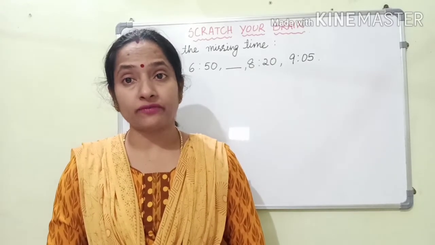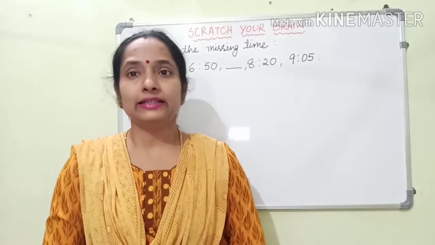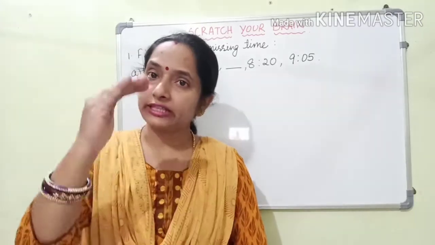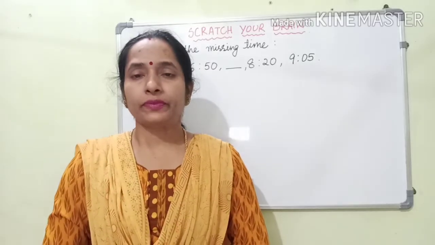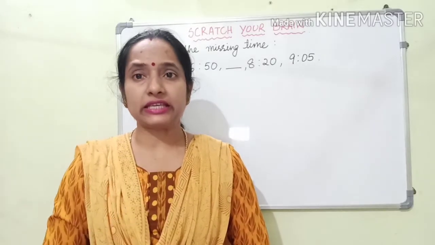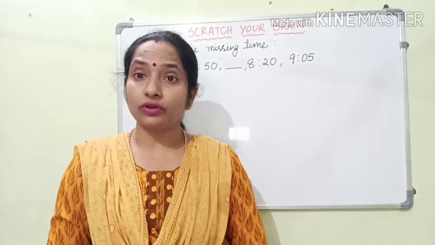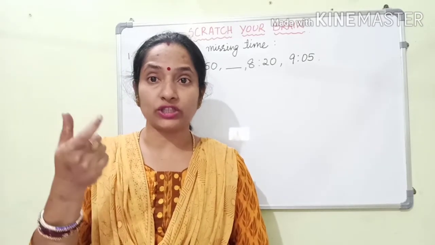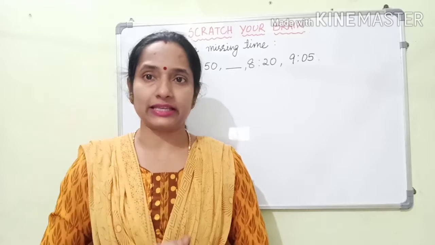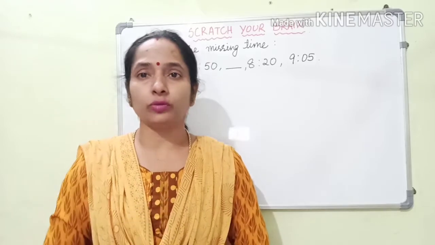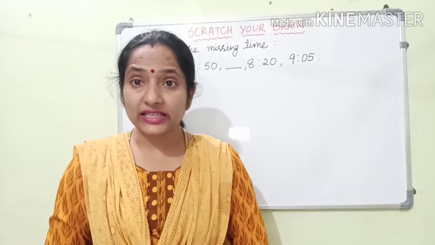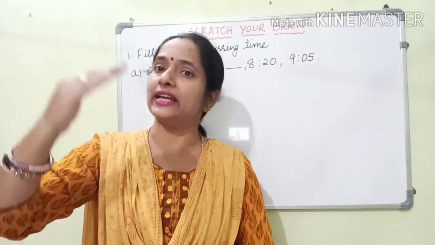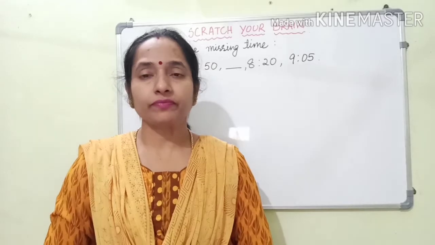First of all, you have to check whether the given series is in increasing order or decreasing order. If the series is given in increasing order, then first of all you have to find the common difference between each two consecutive terms in the given series. After finding the common difference, if the series is in increasing order, you have to keep on adding that difference to get the next term in the series.